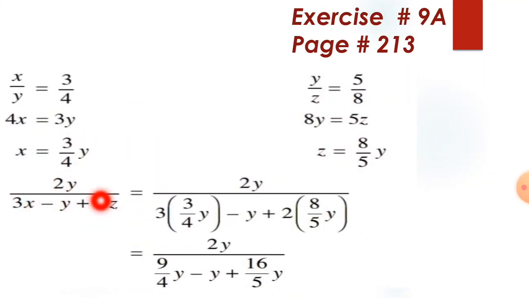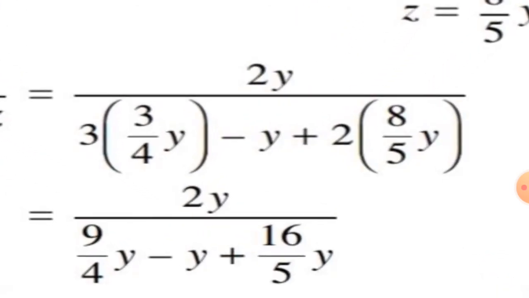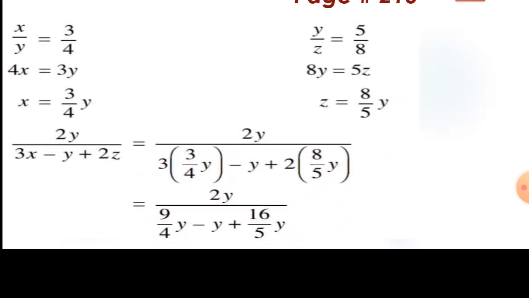So 2y will remain the same. 3 is over here, in the place of x we have put 3/4 y, then minus y plus 2, and in the place of z we have put 8/5 y. Now we calculate: 2y in the numerator is the same. 3 times 3 is 9/4 y in the denominator, and over here minus y, 2 times 8 is 16 divided by 5y.